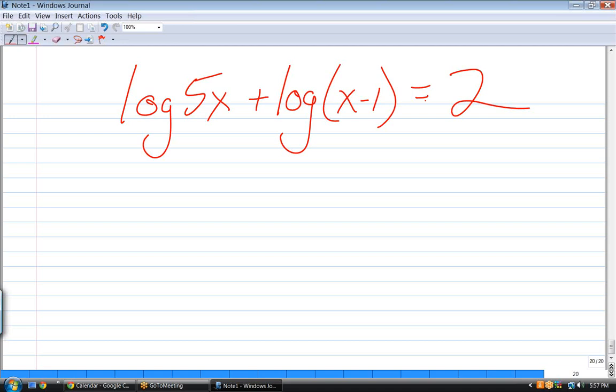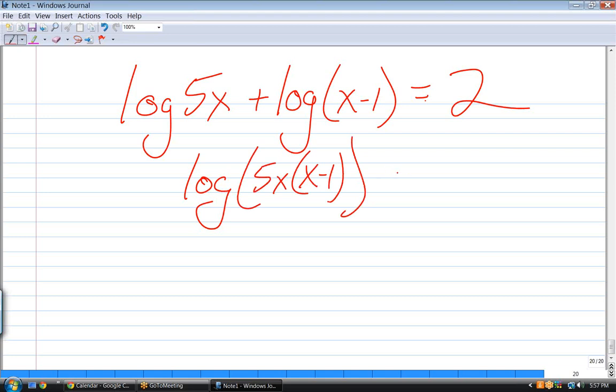So it would first become log 5x multiplied by x minus 1. But then you could just have that x divided by 1. That's the very first step. You have to do that.